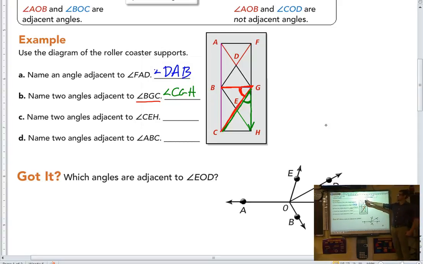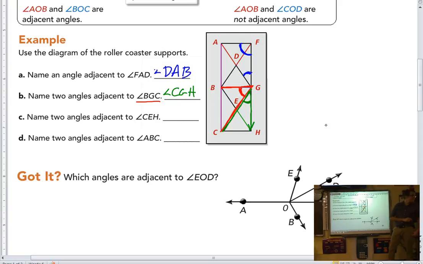AFG would use this vertex up here and be that angle. AFG would be this right here, because F is your vertex. AGF is this angle right here. It does not share an edge. So I'd erase those if I was you. CJ?